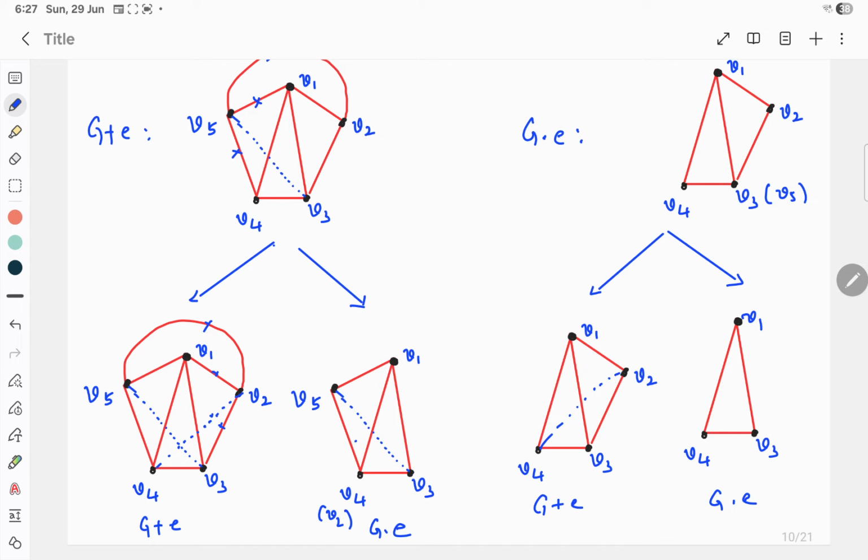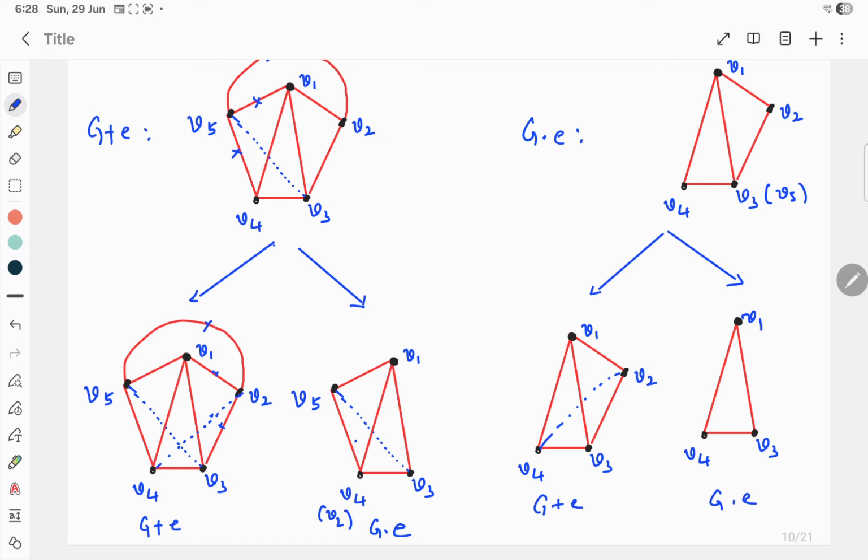Now if we come to this point, this G into E, again here we see that V2 and V4 are not adjacent. So include an edge between V2 and V4, G plus E. Now V2 and V4 are to be fused.